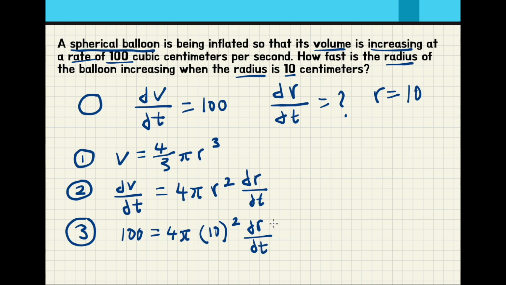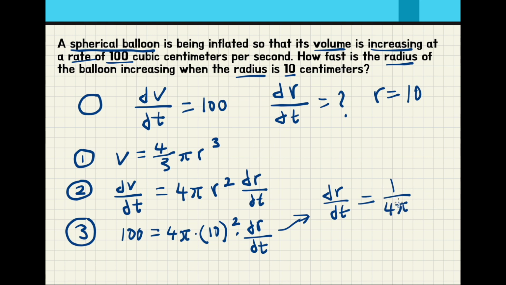From here it's easy. dr dt equals, 10 to the power of 2 is 100, so we take this to the left side. Right now it's being multiplied, so we divide 100 by 100, which is 1. 1 divided by 4 pi, so dr dt is 1 over 4 pi.